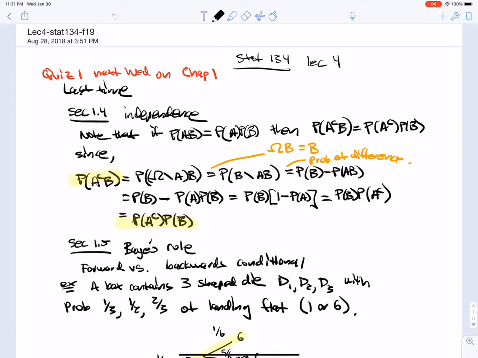You can see here that I can write A complement as omega minus A. Omega is the entire outcome space.